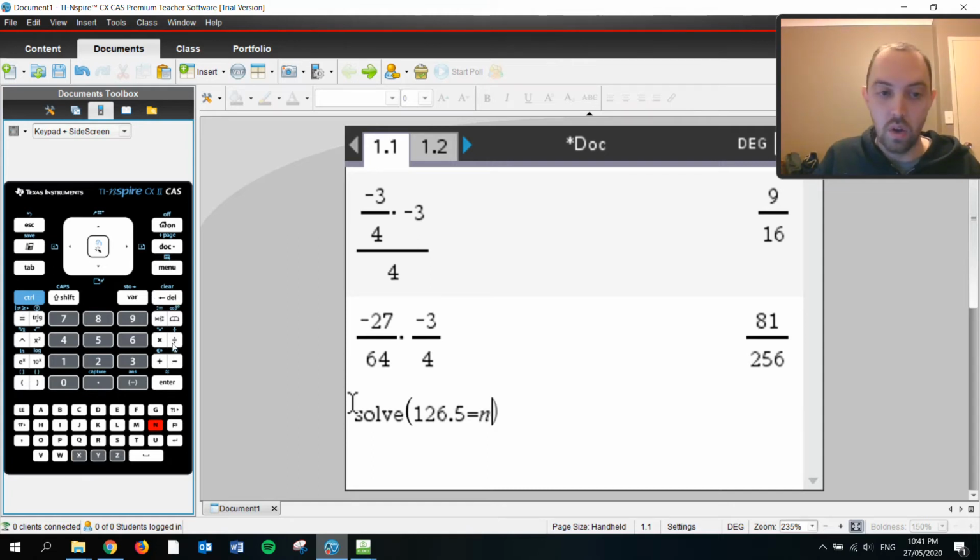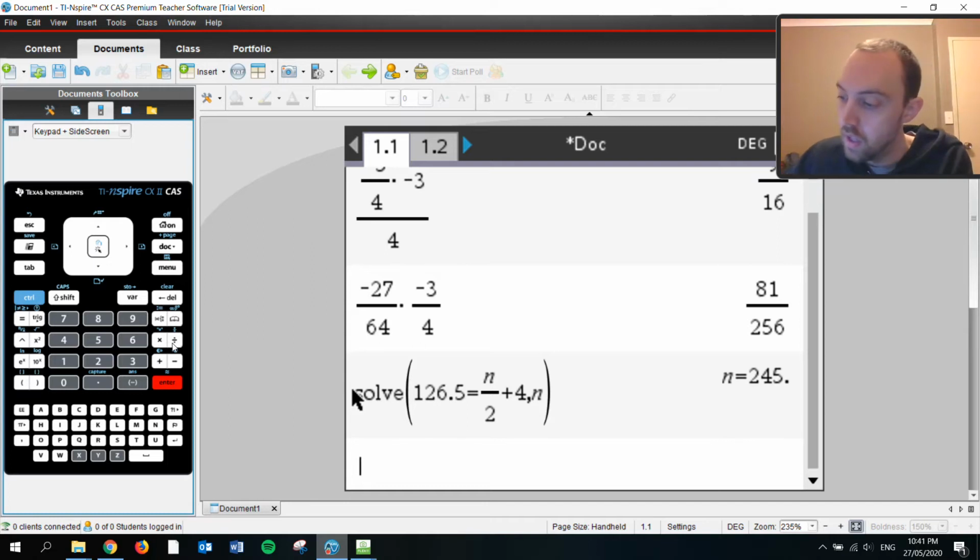N over 2 plus 4, and I'm trying to solve for n. N is equal to 245, so T245 has that value, that is the value between 126 and 127.